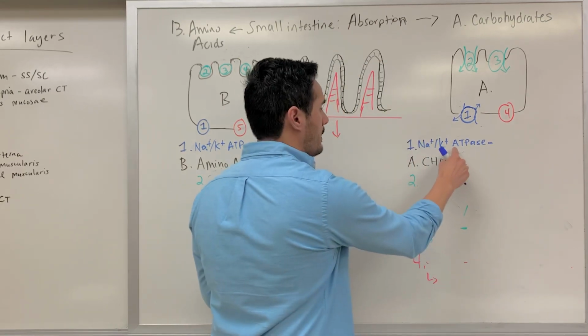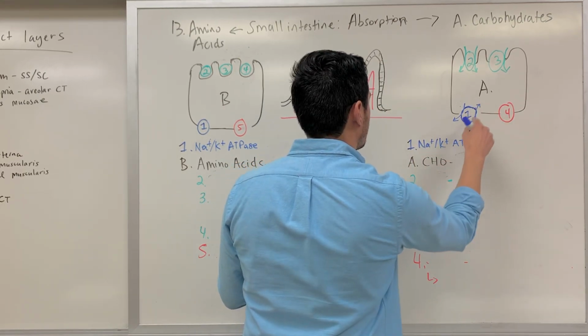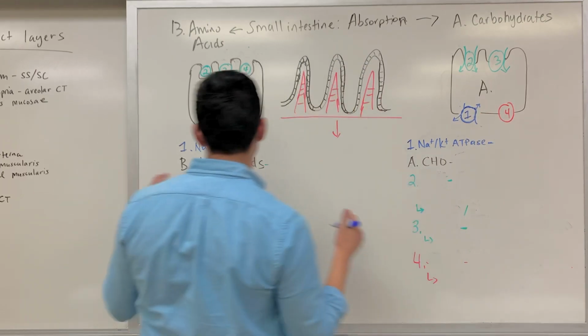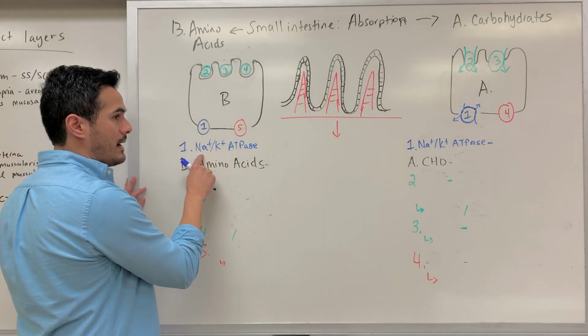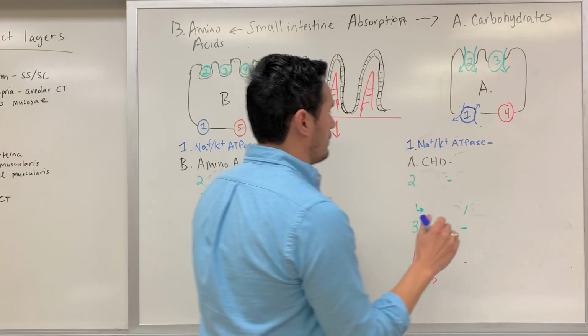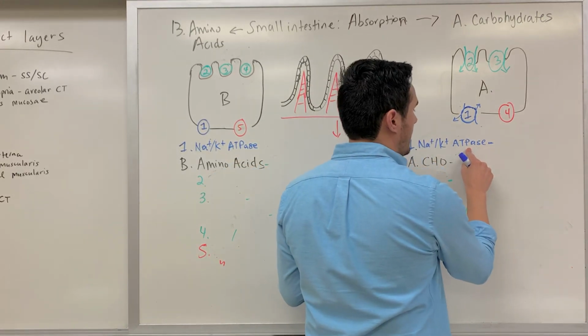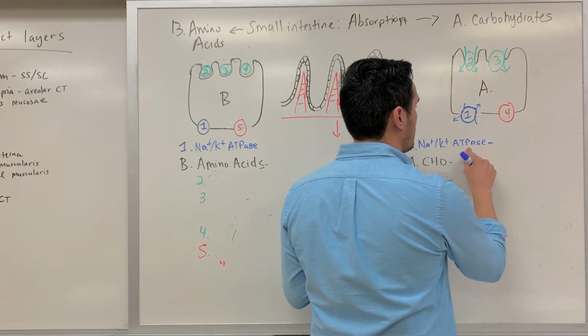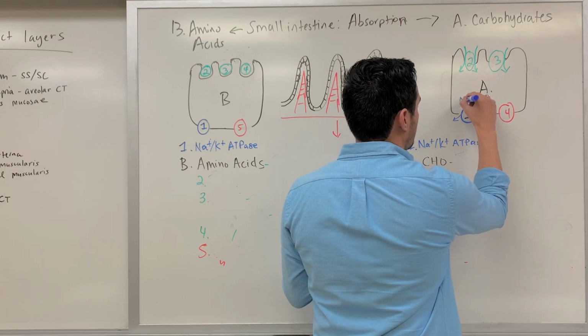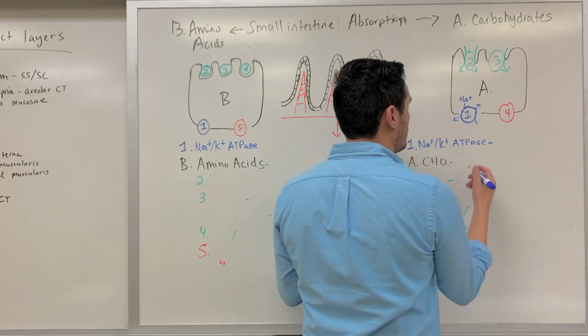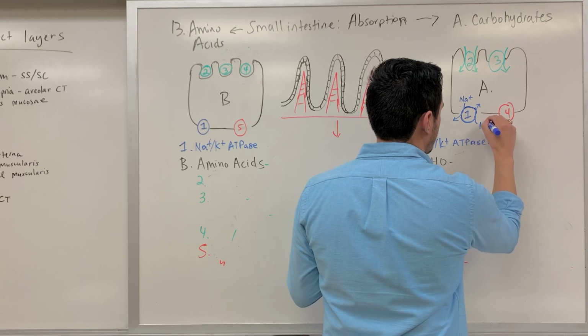And so this is found within the enterocyte, but it's important for carbohydrates as well as the amino acids. The whole purpose of the sodium potassium ATPase pump is to pump sodium out of the cell and then pump potassium into the cell.